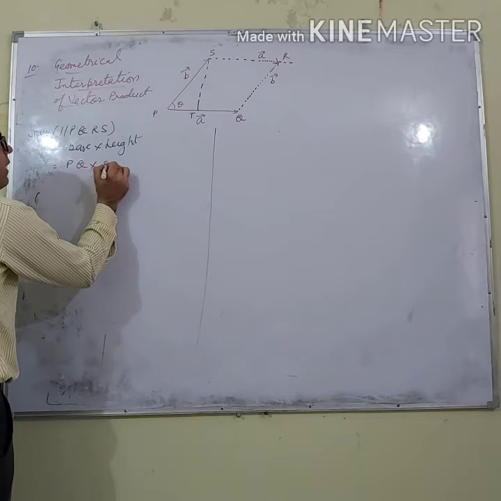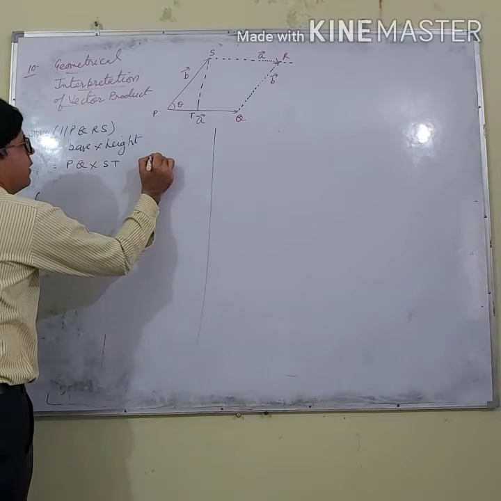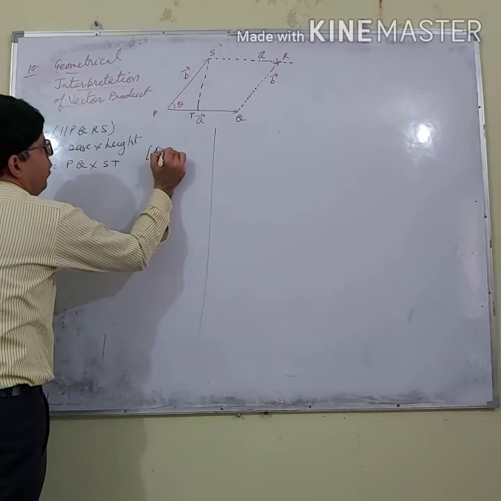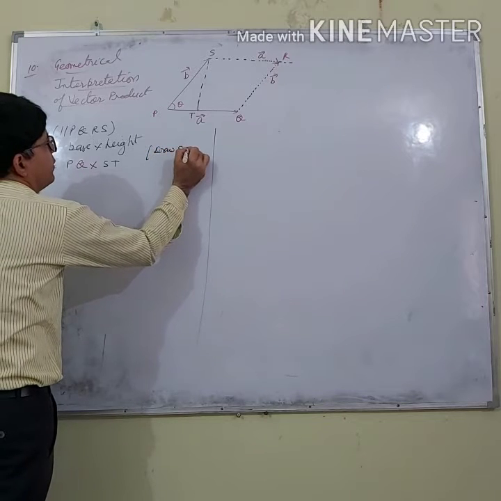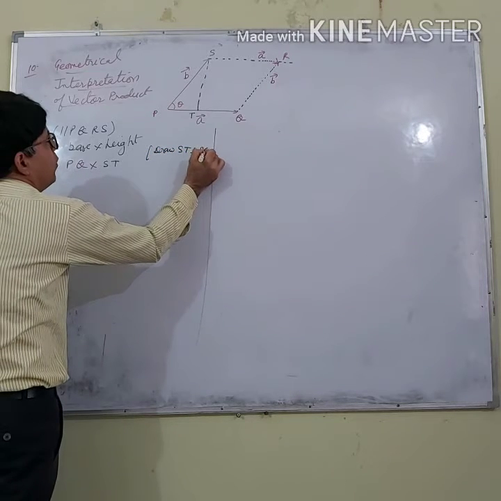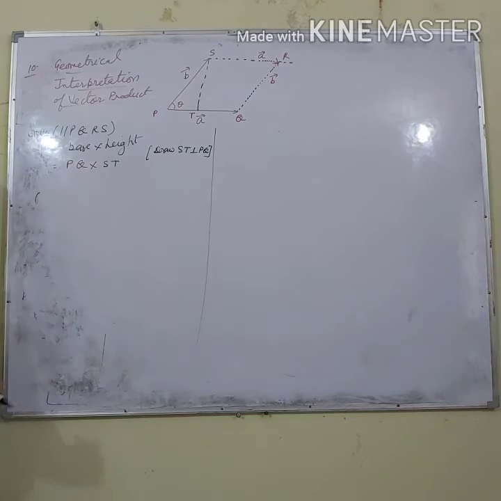So ST is the height here. Now what is the area of the parallelogram PQRS?